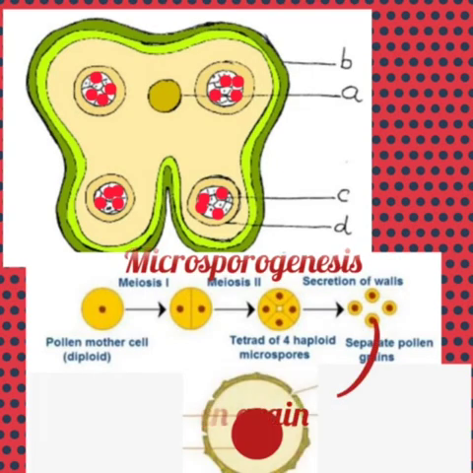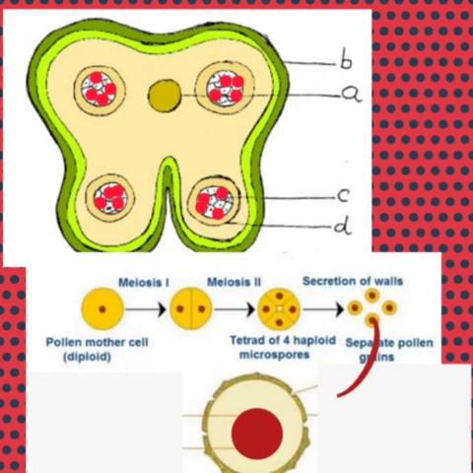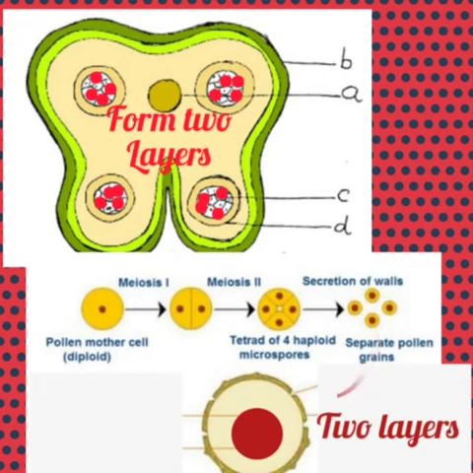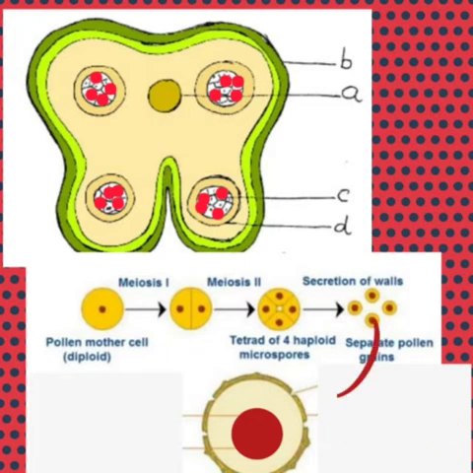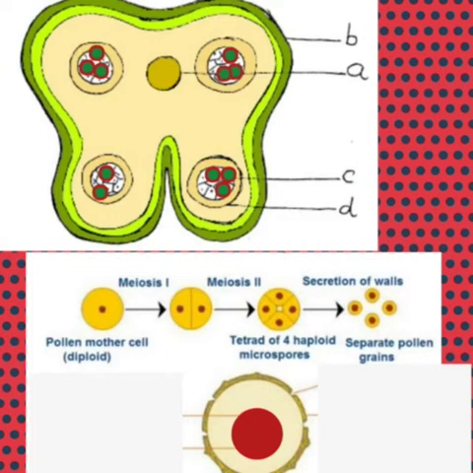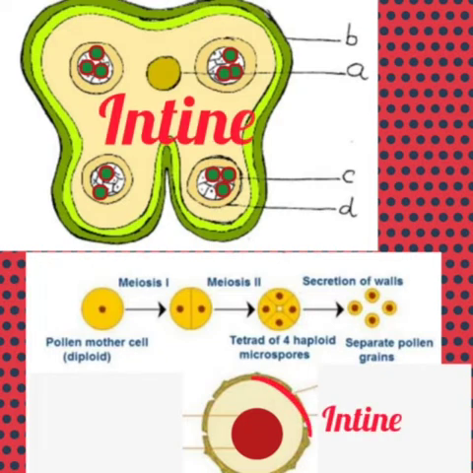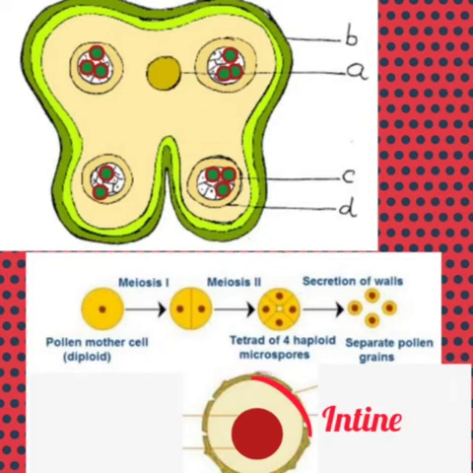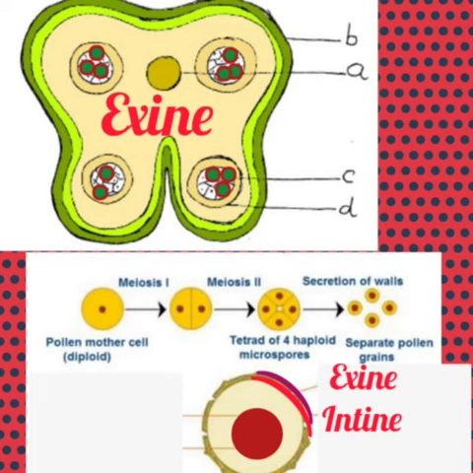So students, these microspores will now form two layers around them. The first inner layer is known as the intine. Surrounding the intine is the second layer, which is known as the exine. The exine has irregular surfaces.